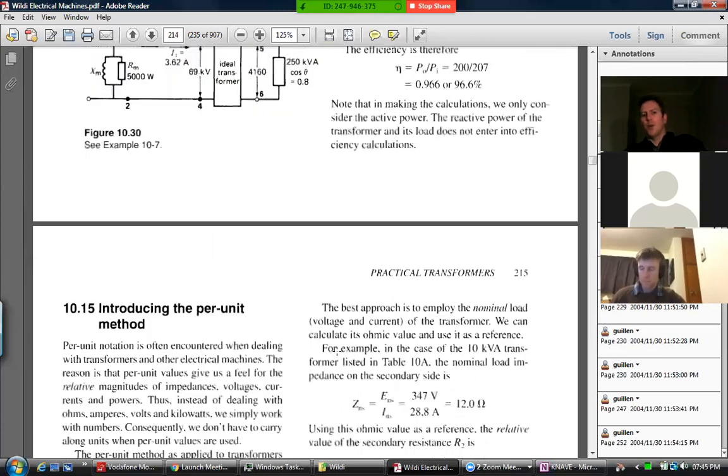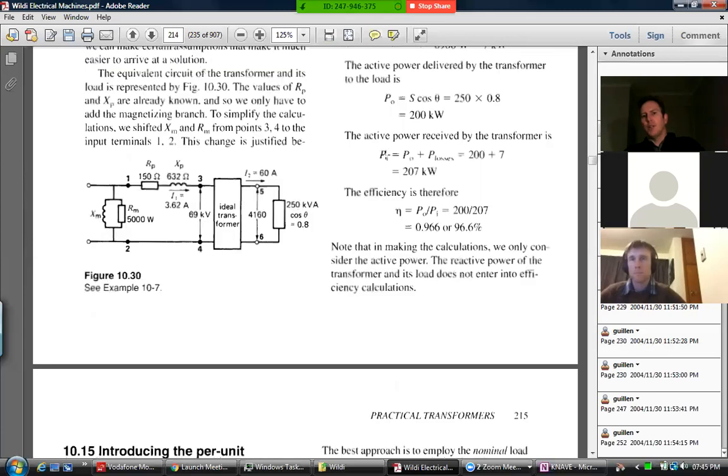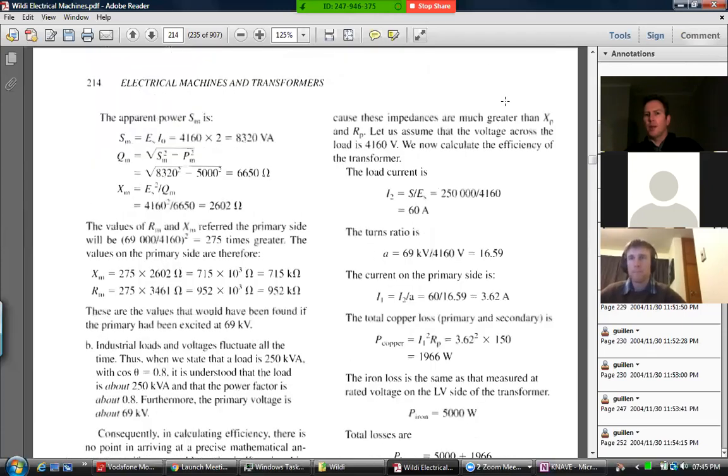Don't worry about this per unit method. Then we can go quite quickly through these tests as to how you can find what is the resistance and leakage reactance on the primary and secondary side, or at least group them together into one big number, and all those kind of things.